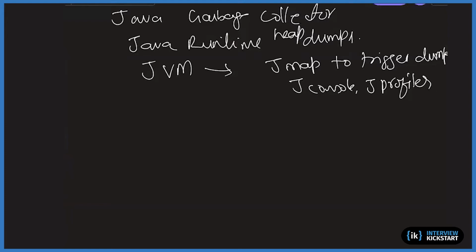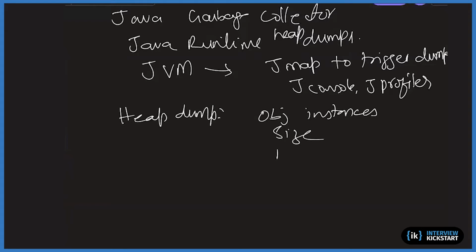What do you do with this? If you have that, what information is available in the heap dump? Basically for the object instances: the number of instances, size, references to other objects, and references to this object.